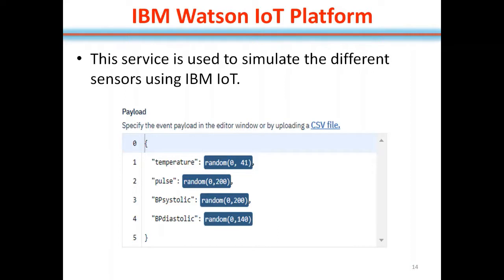Here you can see that the temperature sensor, pulse sensor, and BP sensor, blood pressure sensor, are created or simulated, where the temperature value ranges from 0 to 41, pulse value 0 to 200, the systolic blood pressure 0 to 200, and diastolic blood pressure is 0 to 140. This lower limit and higher limit is decided as per the dataset.